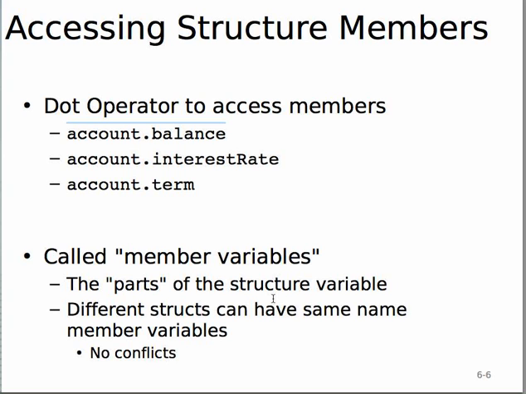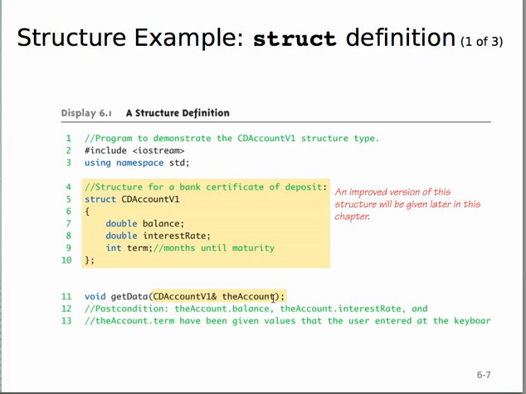Okay, so there's a bunch of examples in the book, and Display 6.1 in chapter 6 looks at this account struct, and it has nice descriptive names, all the kinds of things that you want in your programs.